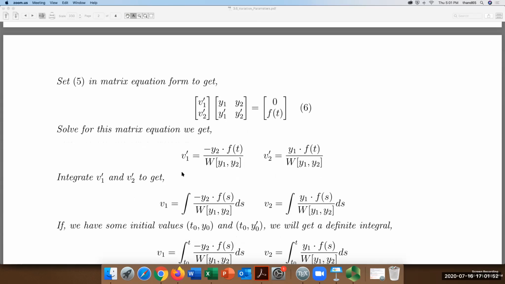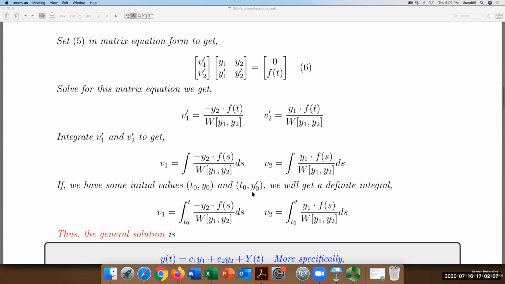Remember, if we have V1 prime, we can find V1 by integrating both sides. If you integrate the right side here, you get V1. If you integrate this right side, you get V2. If we have some initial values, we just need to integrate these functions from t0, the initial value, up to t.